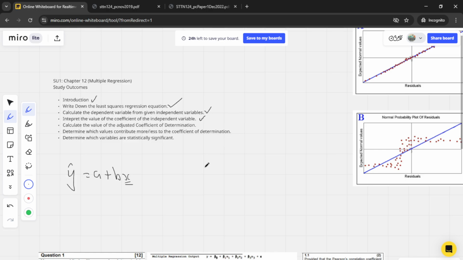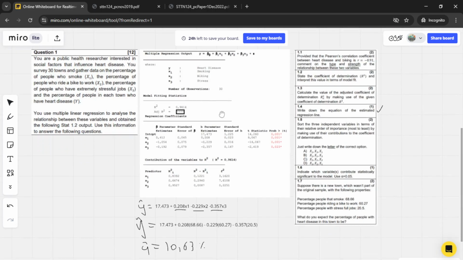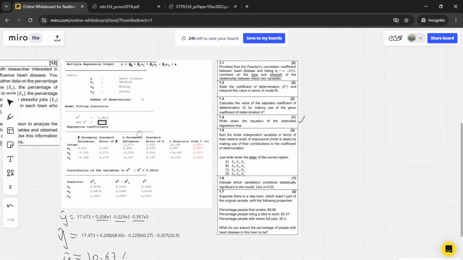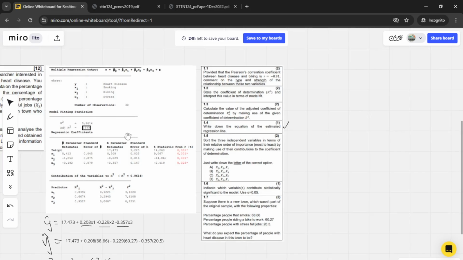All right, so that is that question, or that study outcome. And then the next question that they like a lot, you will never see a question paper without this: calculate the value of the adjusted coefficient of determination. First of all, we all know what is the coefficient of determination. I showed you guys in the past video.